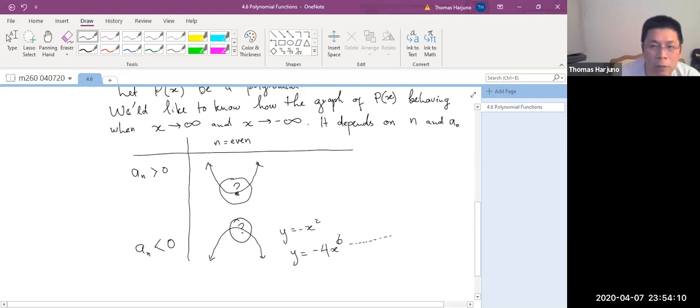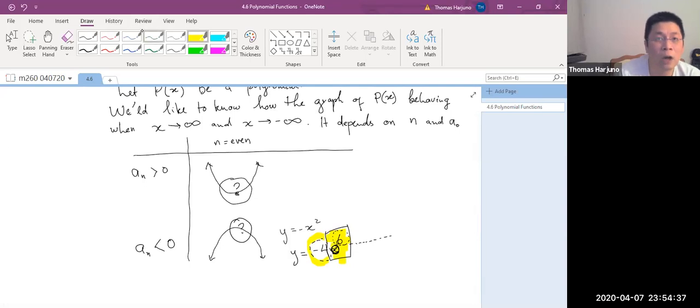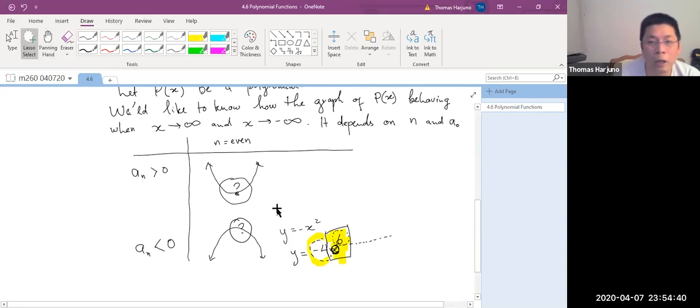As long as the leading term has an even exponent and the leading coefficient is negative, then when x goes to infinity, the further x goes to the right, this becomes a very large number, and multiplied by negative 4 becomes a very negative number. The same argument applies when x goes to negative infinity.